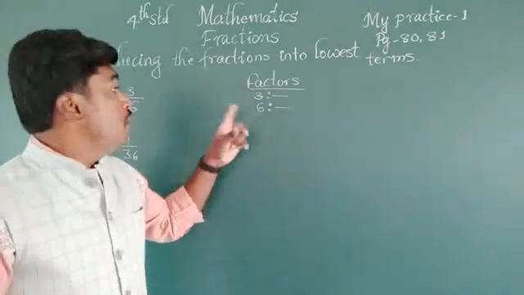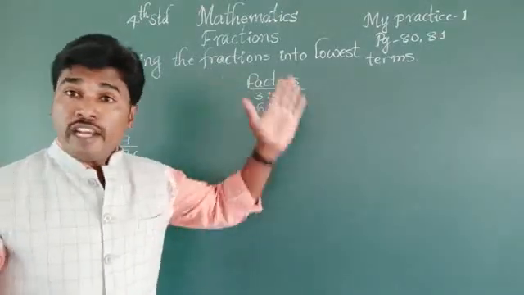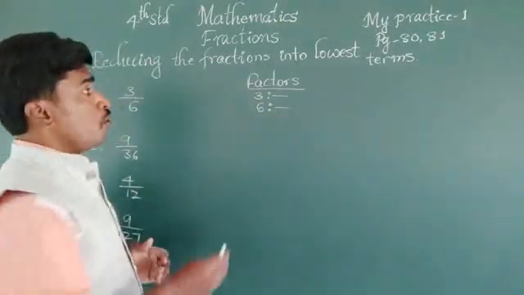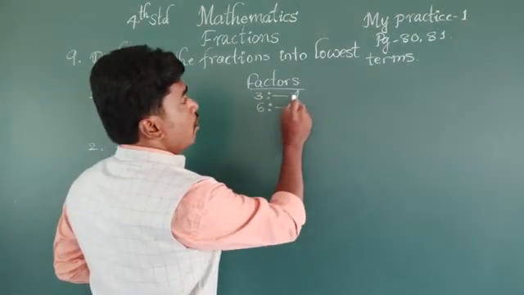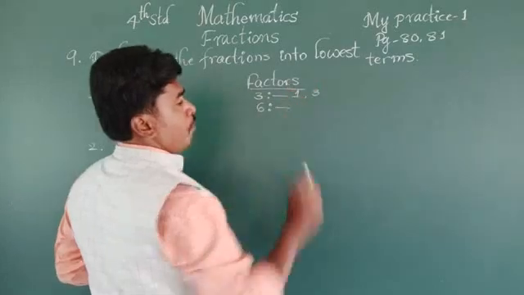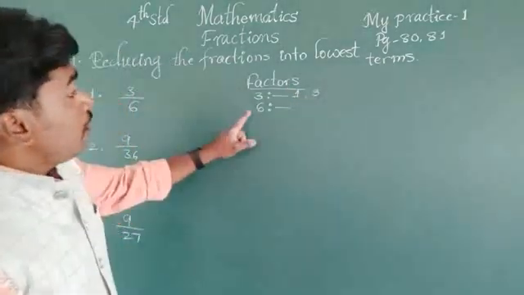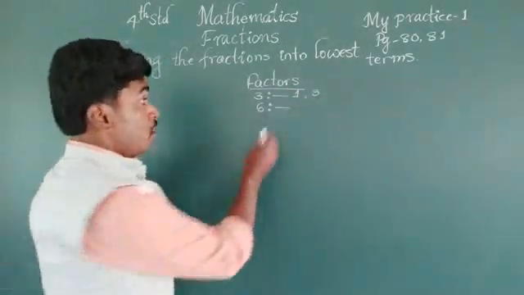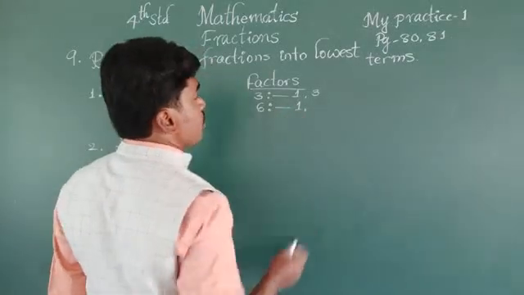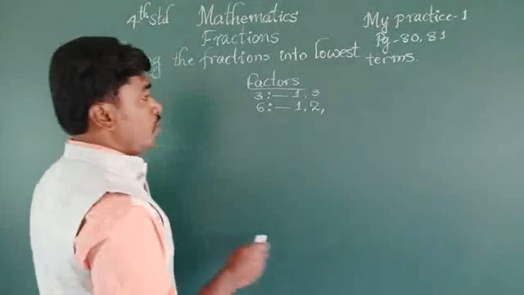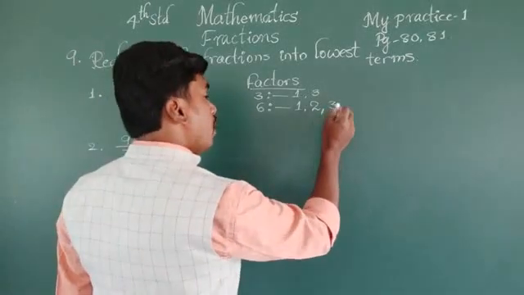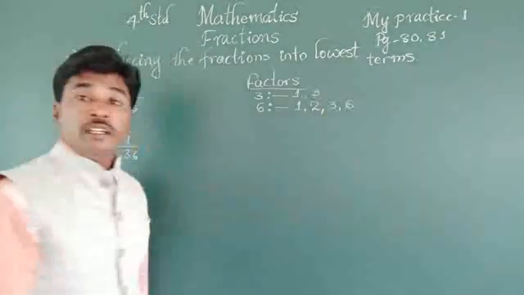The numbers that divide 3 exactly are 1 and 3. For 6: 1 divides 6, 2 also divides because 6 is an even number, then 3 also divides, and 6.